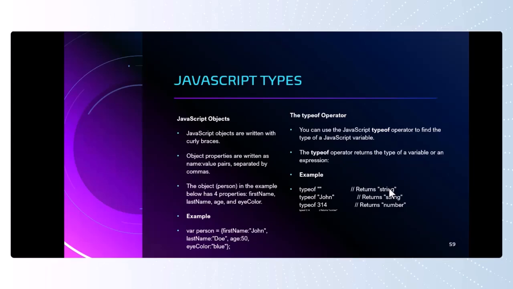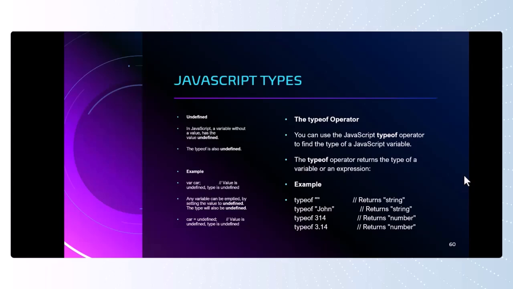The typeof operator, I showed you that already. You can use the JavaScript typeof operator to find the type of a JavaScript variable. The typeof operator returns the type of the variable or expression. So those are some examples there.